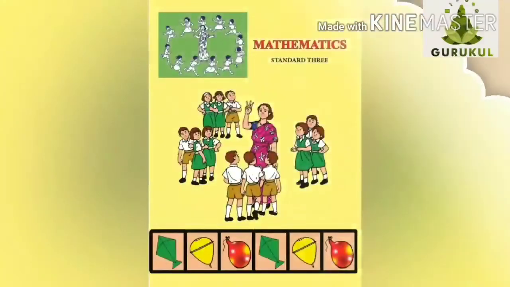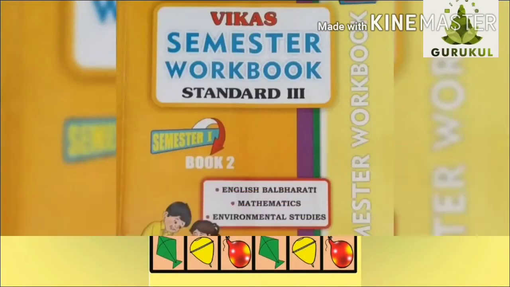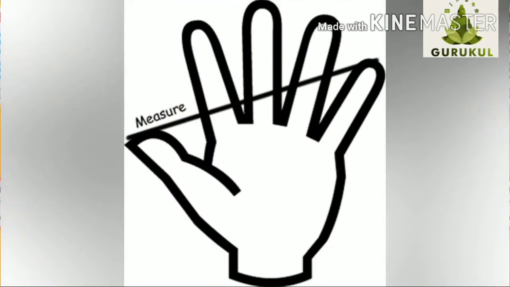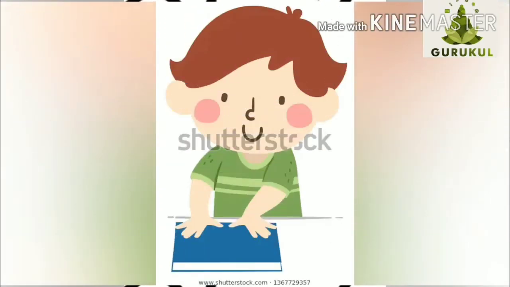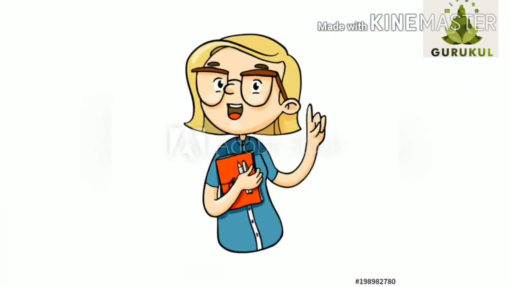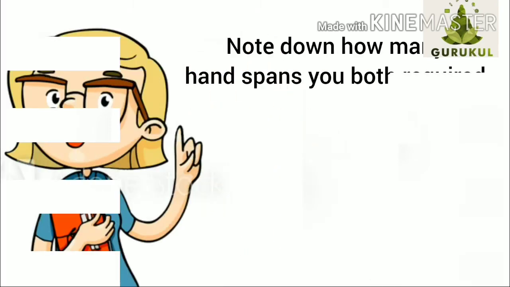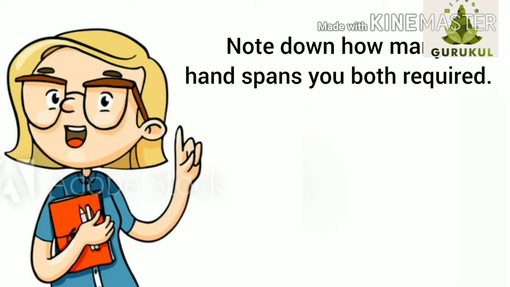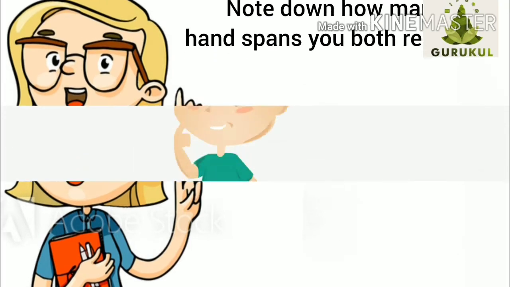Take your maths textbook or semester workbook and use your handspan to measure the length of your book. Now ask someone else at home, it could be your parents, brothers, sisters, anyone else, to use their handspan to measure the length of the same book. Note down how many handspans you both required.